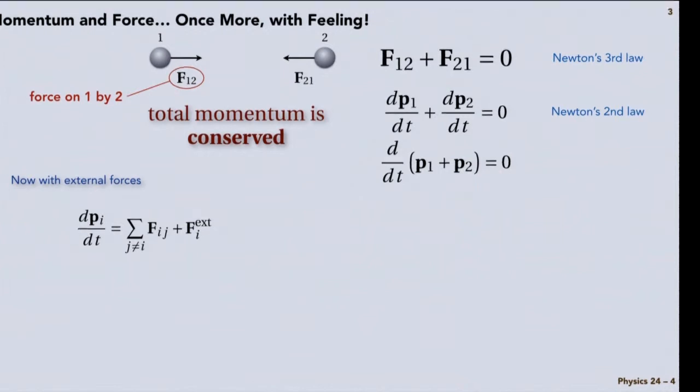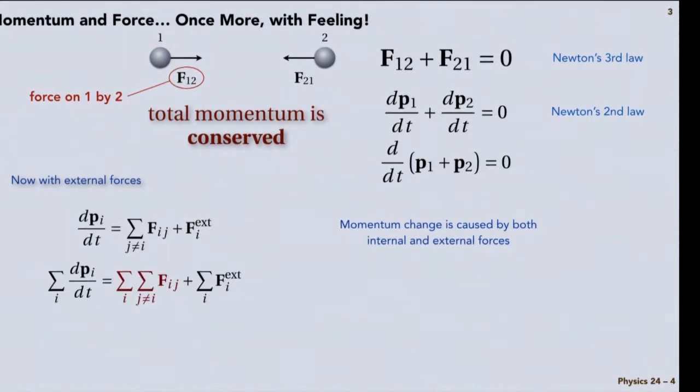Okay, so I'm considering now a system of a bunch of particles that I can index with i or j. And what causes the change in the momentum of any one of those particles is the sum of all the forces, both internal and external, that are applied to it.